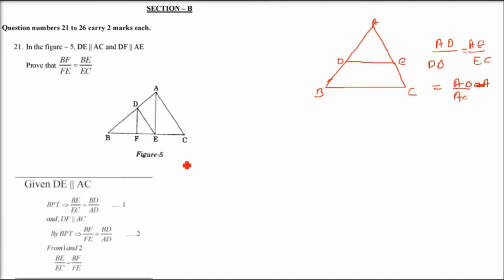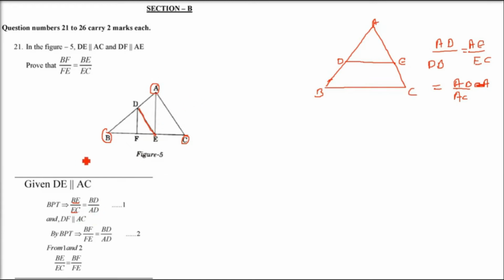One by one I am taking triangles. First triangle is ABC. If you see here, DE is parallel to AC, that means BE by EC equals BD by AD.